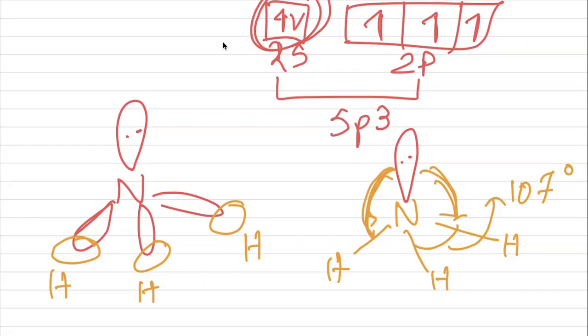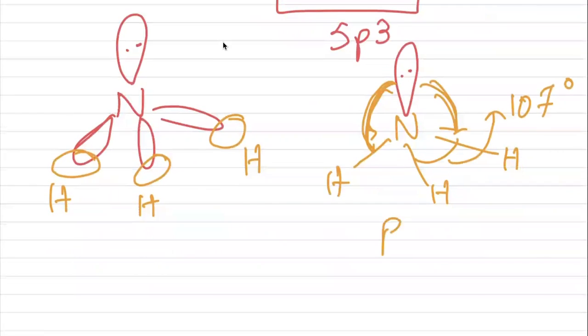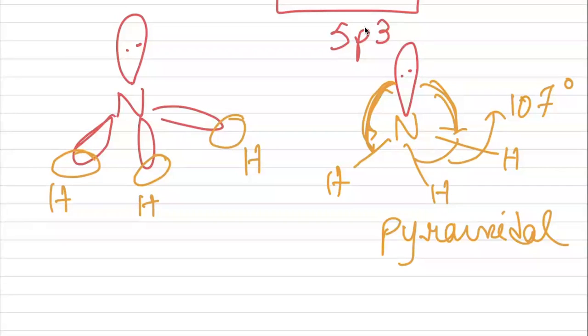That's why the bond angle decreases, and it means a distorted structure. This structure is known as pyramidal. Because of the presence of the lone pair, the structure becomes distorted, and the bond angle becomes 107 degrees. Understood?